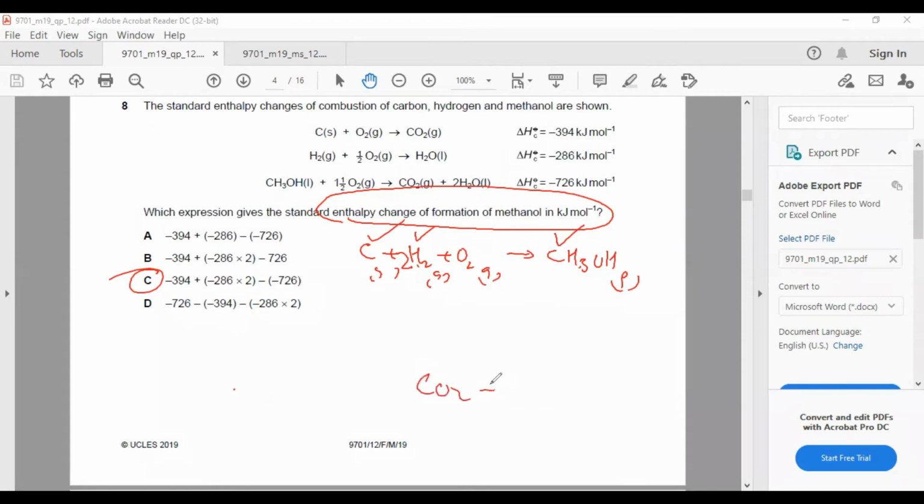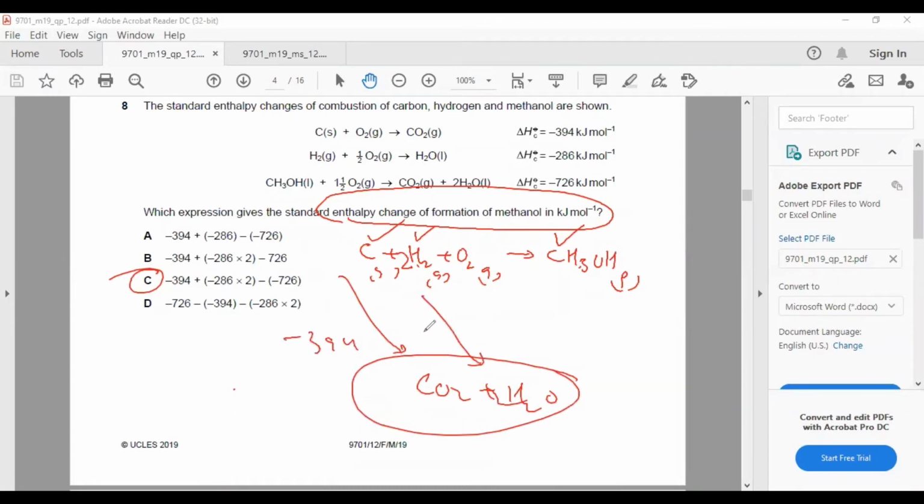Combustion products go here: minus 394, minus 286 into 2, and this one is minus 726, but it will take time. x plus minus 726 is equal to minus 394 plus 2 into minus 286. So this is a longer method.